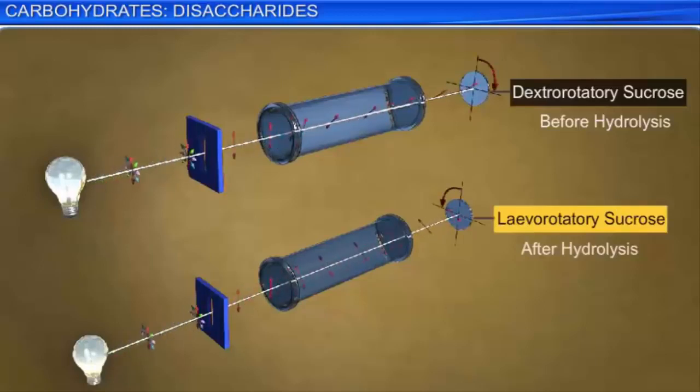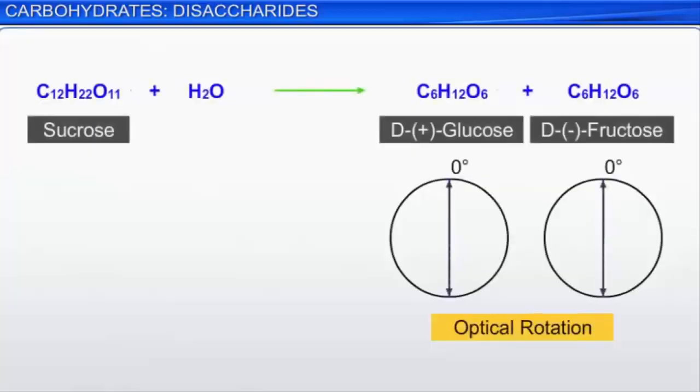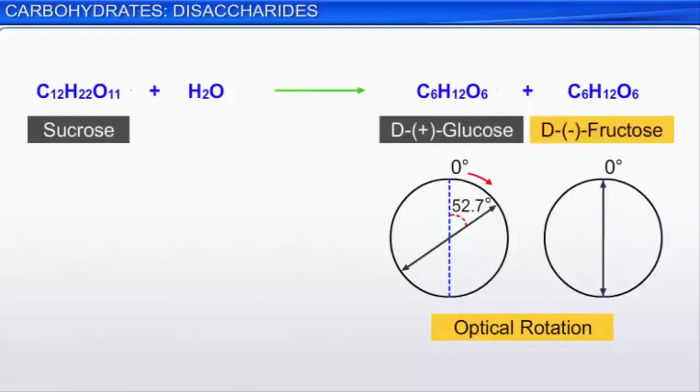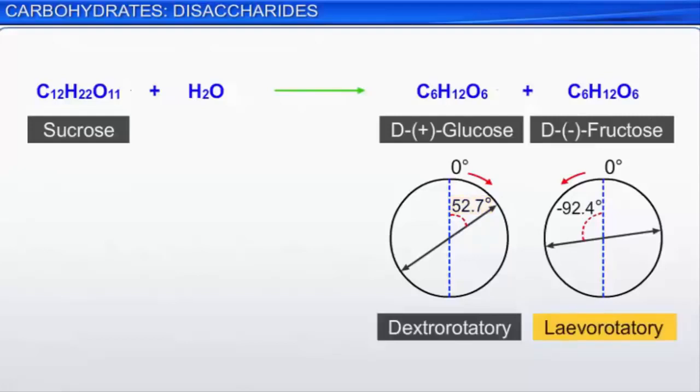There is an explanation for this anomaly. The optical rotation of D-glucose is found to be +52.7 degrees, and that of D-fructose is -92.4 degrees. That is, D-glucose is dextrorotatory with an optical rotation of 52.7 degrees, while D-fructose is levorotatory with an optical rotation of 92.4 degrees.